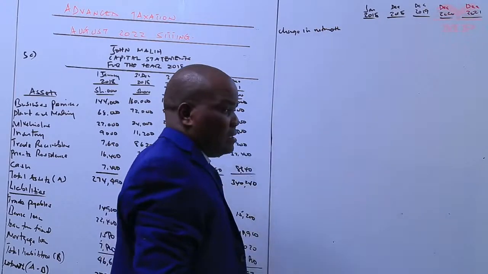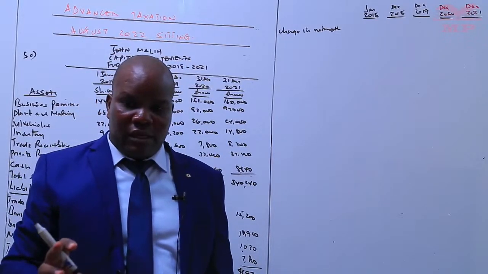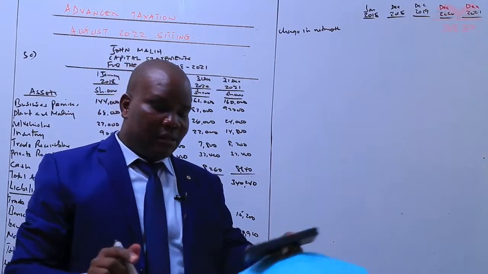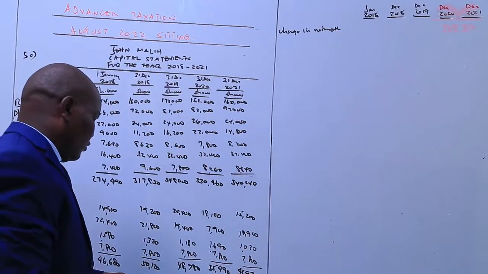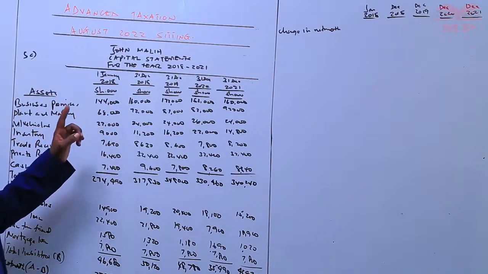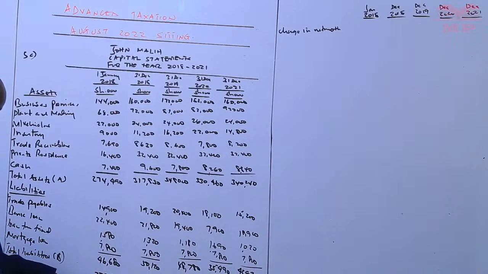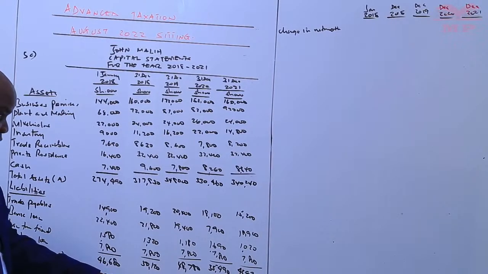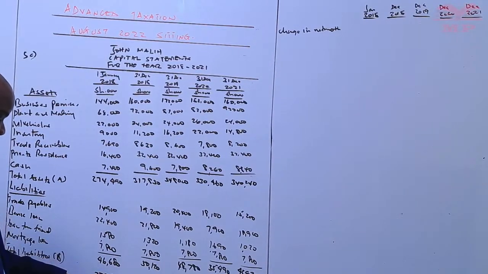Now capital can change as a result of four factors. One is profits or income, 2 losses, 3 additional investment, and 4 withdrawal. So what we do is simple. Like we have 2018 here, December and January. We compare the capital of the firm as at 2018 December with that capital as at 2018 January.